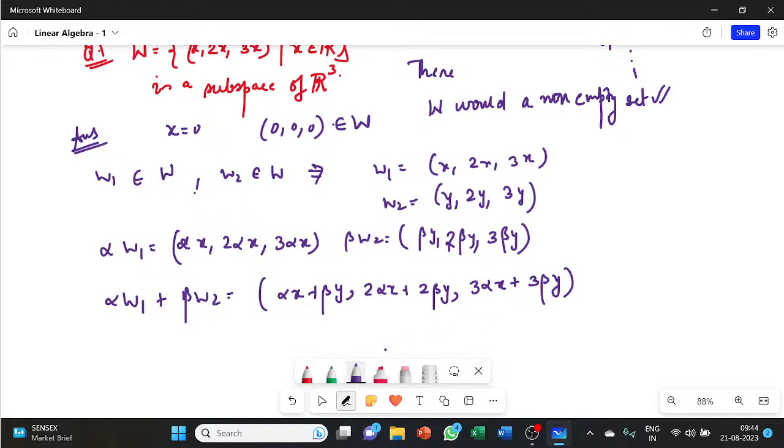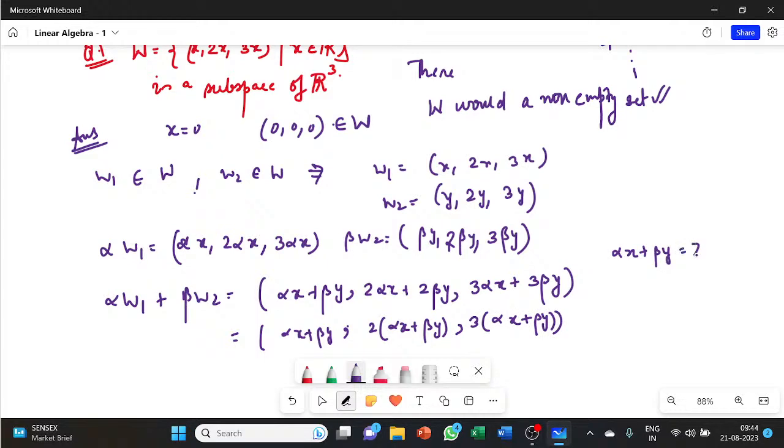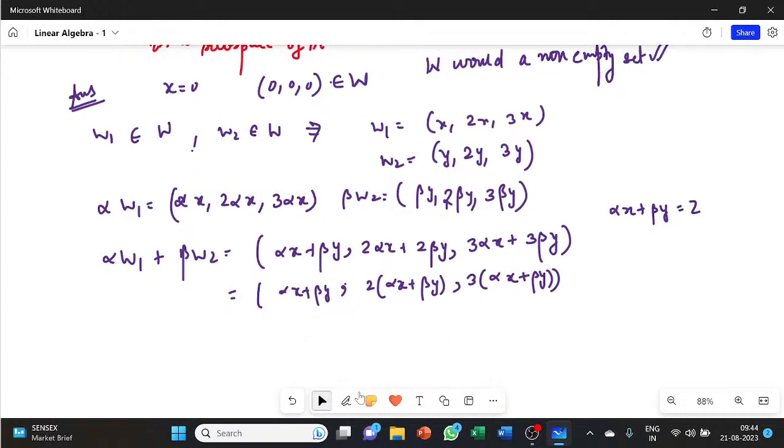What is it equal to? It will be equal to (alpha x plus beta y, 2 times alpha x plus beta y, 3 times alpha x plus beta y). Let alpha x plus beta y be z. So is it not equal to (z, 2z, 3z)?